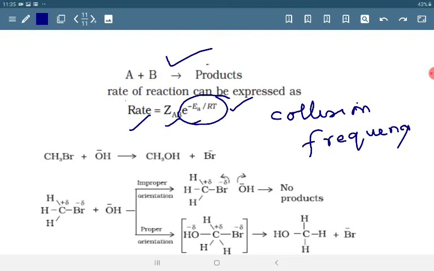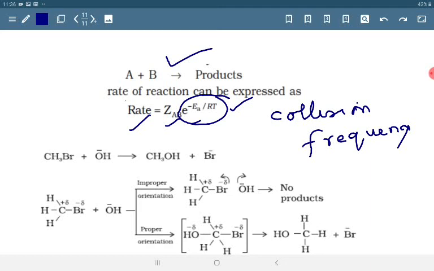Now in collision theory, one of the requirements is that the reactants have to cross the energy barrier between reactants and products. That means reactants will be converted into products only if the primary requirement of effective collisions is satisfied.